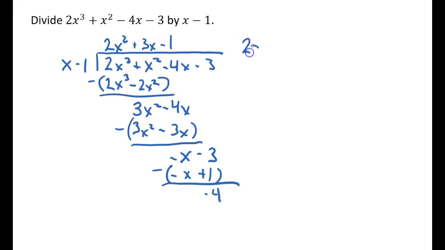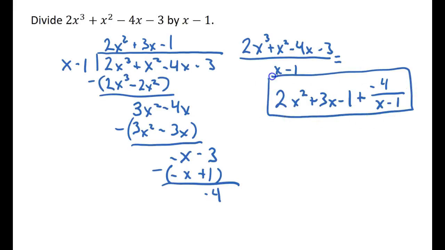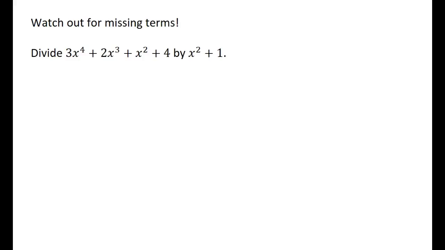We can say that 2x cubed plus x squared minus 4x minus 3 divided by x minus 1 will equal our quotient, 2x squared plus 3x minus 1 plus the remainder, negative 4 over the divisor, x minus 1. And that's our answer.